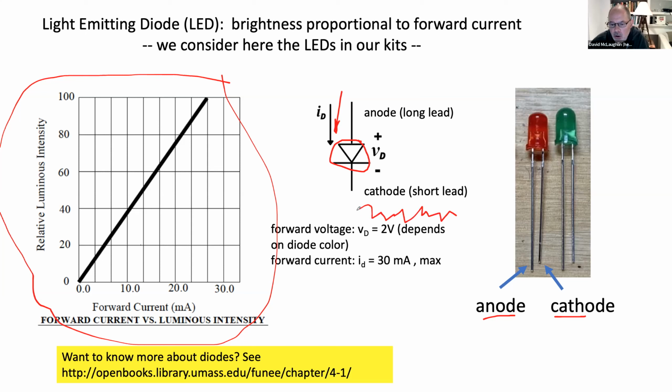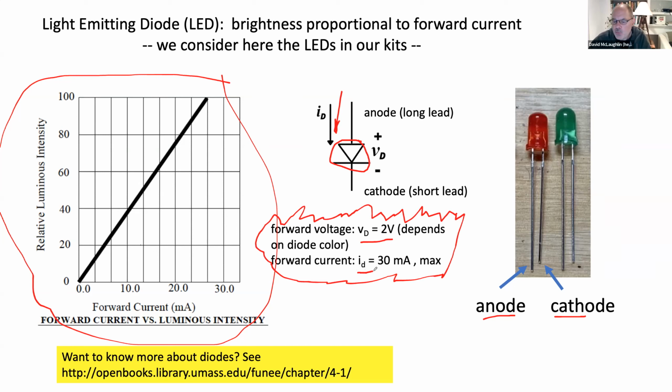For essentially all of the diodes that we have in our kit, they have a forward voltage across them of about 2 volts, approximately 2 volts. Can be a little more, can be a little less, but you can't go wrong by using 2 volts. That means when it's hooked up in a circuit with a battery and a resistor, you're going to have a voltage drop of 2 volts from the anode to the cathode.